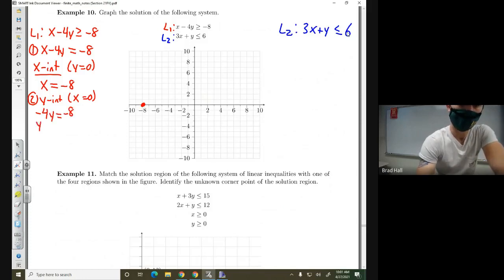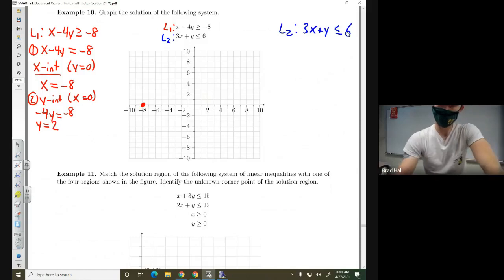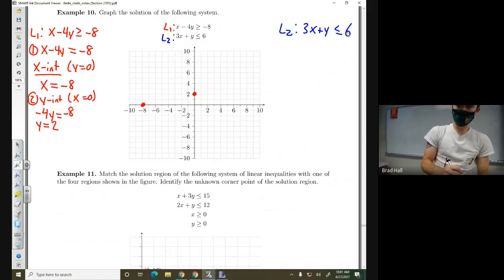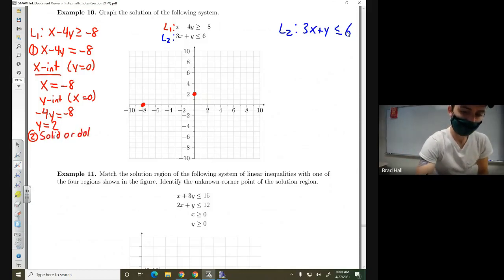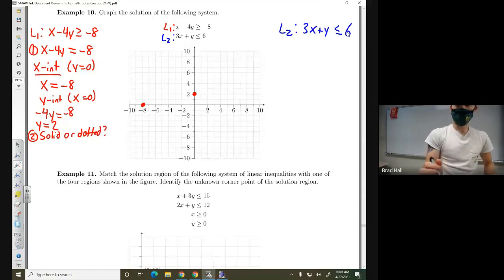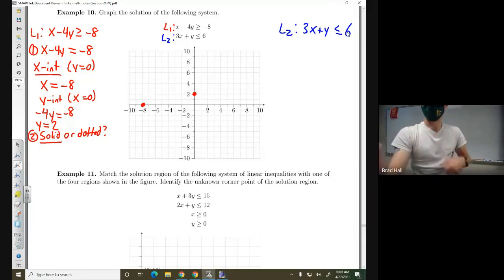In other words, y is +2. We ask ourselves also, do we get a solid or a dotted line? Here we get a solid line because the corresponding inequality has an equal to part. So we use a solid line.